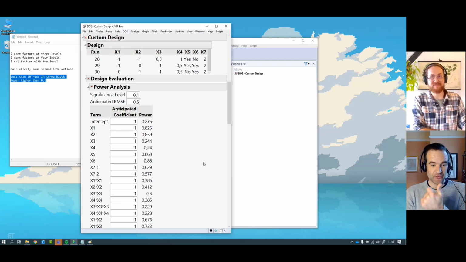So the noise, this anticipated root mean square error, that is essentially the standard deviation in the response that you'd expect. If you just ran the same settings 100 times, whatever your response is, let's say it's yield, what's the standard deviation? What's the typical variation of that from just running the same settings? So you need to know that.